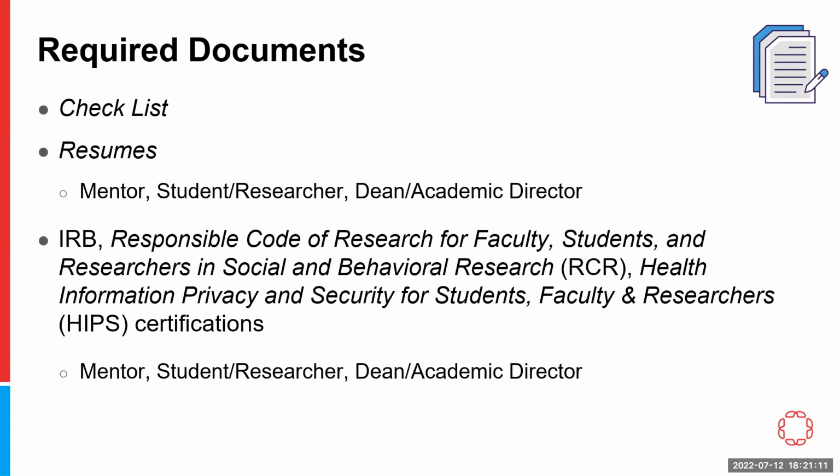And those are from the mentor, the student, and the dean or academic director. You can include those in one PDF only if you want. If not, you have to upload them individually, but you can do it in one PDF if possible.